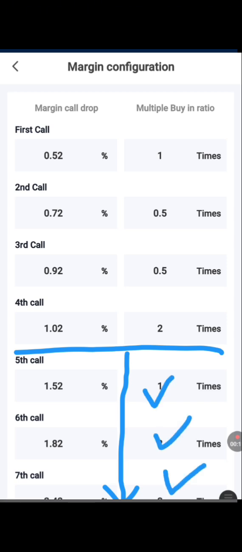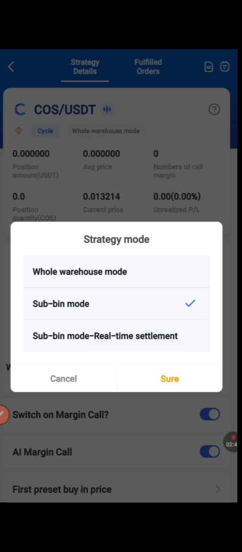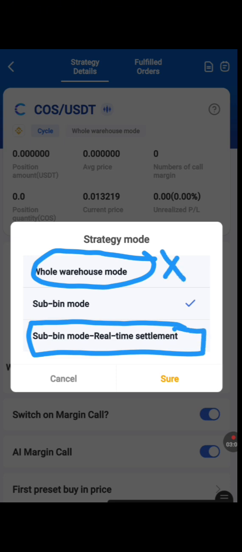So what this means is that if you would like to take advantage or benefit from the sub-sells, ensure that before you start your robot, you change your strategy mode from this to sub-bin mode real-time settlement. You change from there to this, in case you want to benefit from the sub-sells.